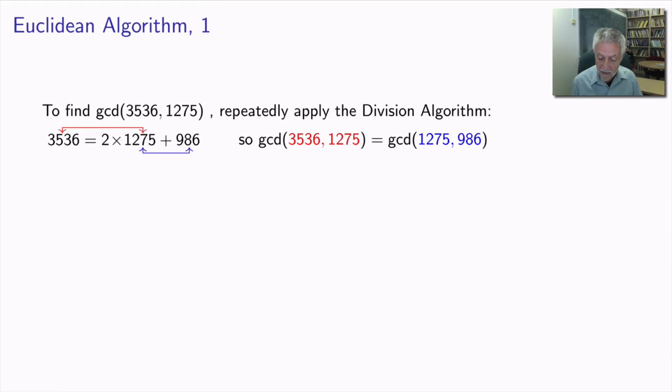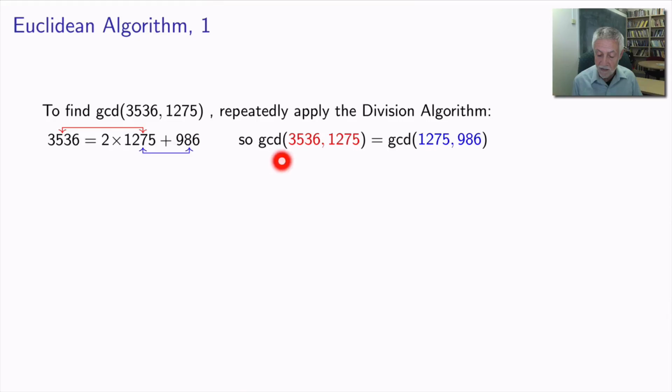Conversely, if I take any divisor of 1275 and 986, then because it divides 1275 and 986, from this equality we see it must divide 3536. So the upshot is that any divisor of those two is a divisor of these two, and any divisor of these two is a divisor of those two.